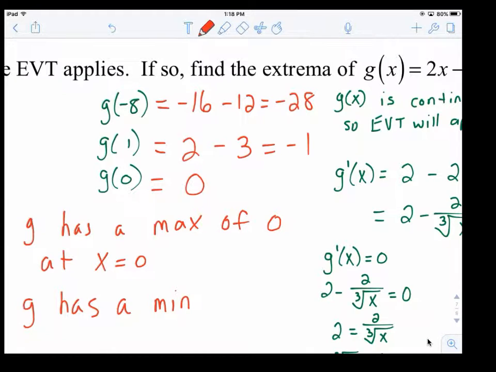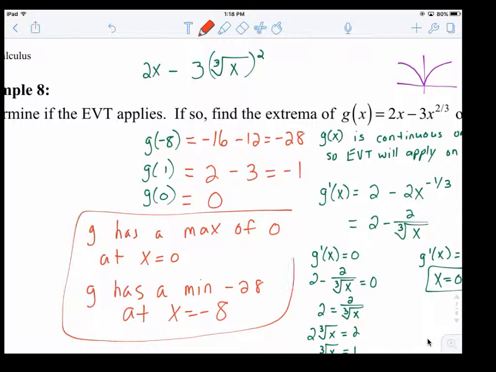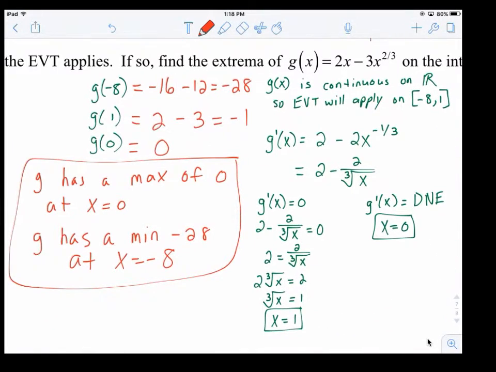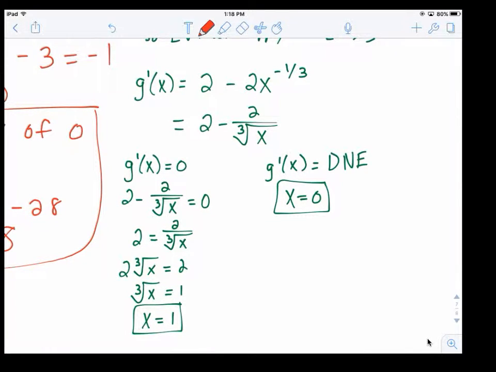But if you have a relative min, you need to include either relative or local. X equals -8. That's where the derivative doesn't exist.